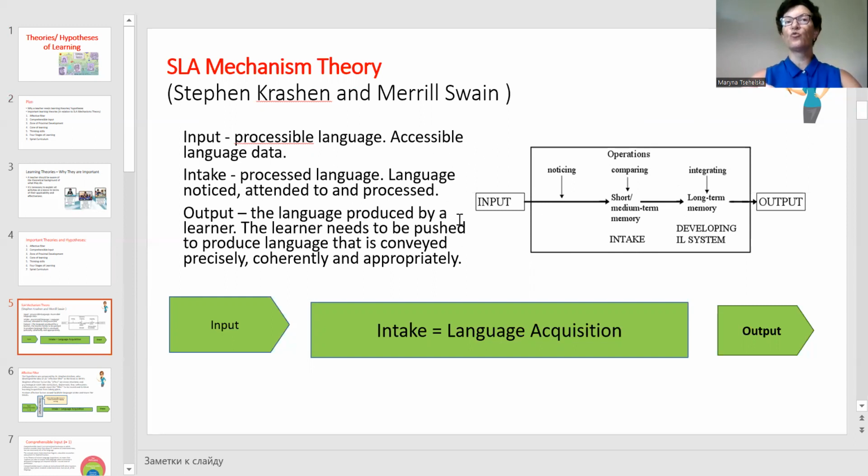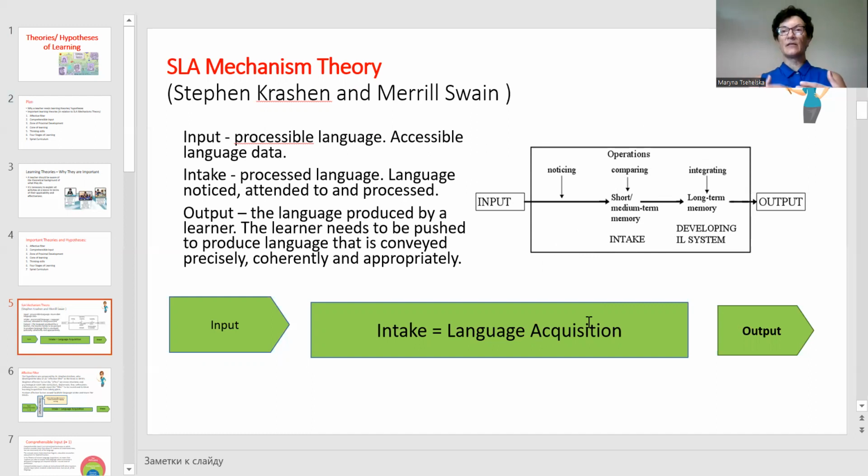Input, or the language that a teacher gives to a student, or maybe the student gets this language from other sources. But now we're talking about our learning and our teaching. The student notices this language, and here is where the intake happens.